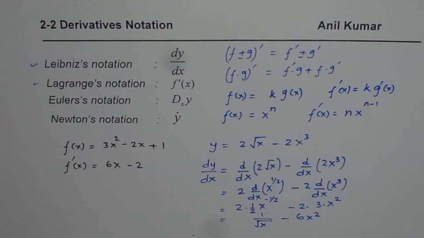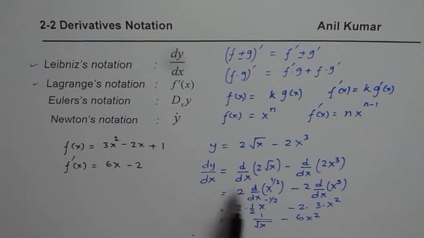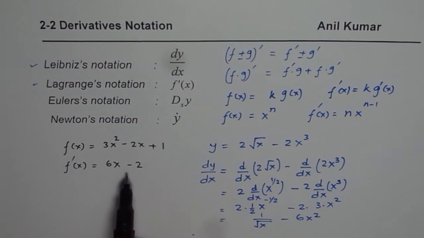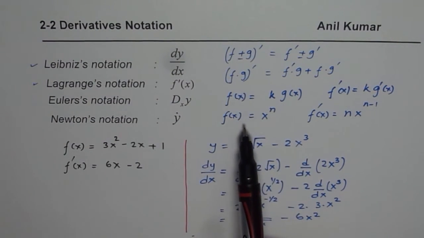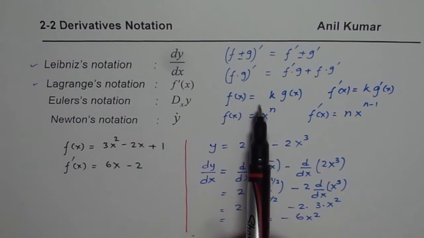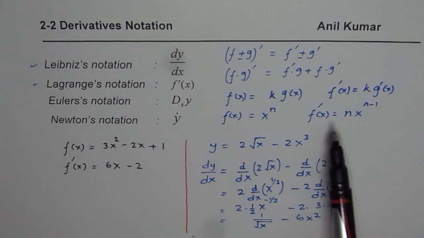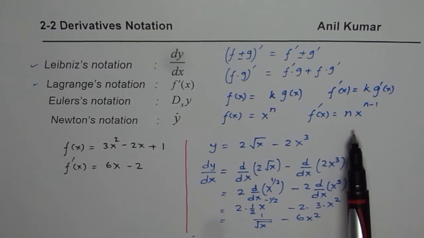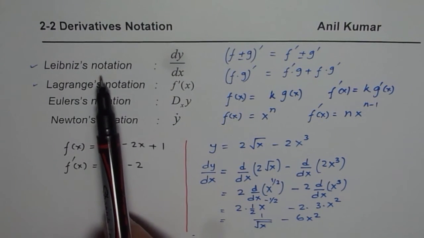Well, in the book I've also seen that when we use the prime notation, there also we use d dx in the solution. But my preference is, as I said, when you're writing formulas, Lagrange's notation is far better. Very convenient to clearly show what the formula is. But when it comes to solving questions, I'll prefer you to use Leibniz notation, right?